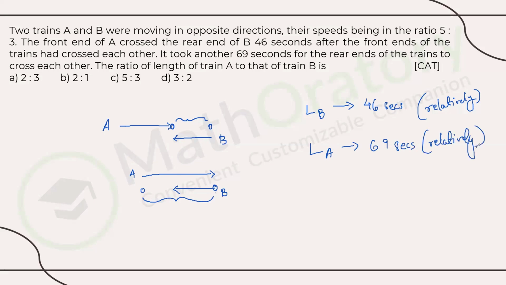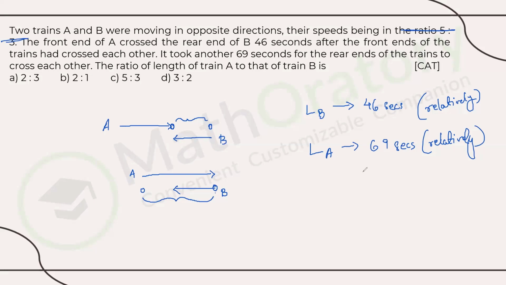What is happening with relative speed? The important thing to understand is that speeds are not changing. So the relative speed is also not changing, because the direction of motion is also not changing, right? So what are we looking for? The ratio of the length of train A to train B. Actually, the speed ratio information is not even required to solve this question.